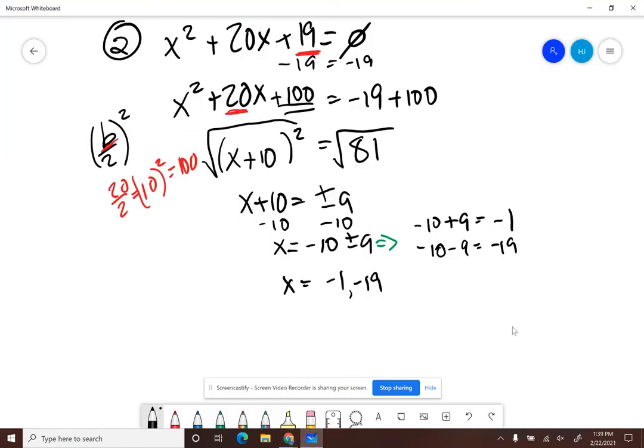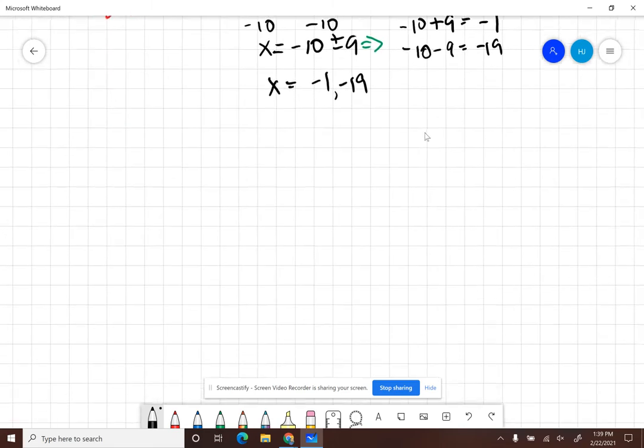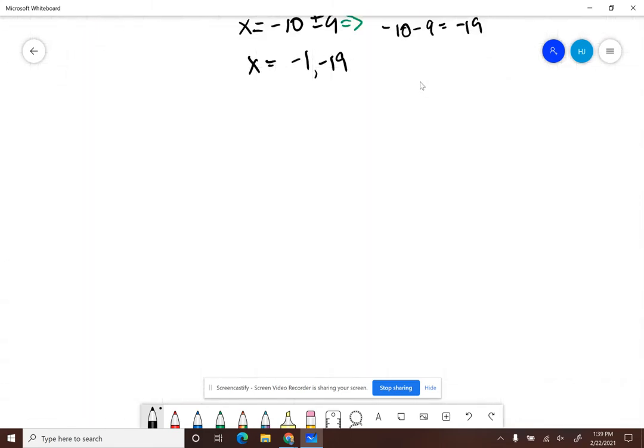Well, the issue is you're going to get some of these that are not going to be whole numbers, okay, which is what brings me to number 3. And this is why we spent so much time over the last couple of days talking about simplifying radicals, okay? So now let's go to number 3, which is going to be the doozy, but we can do this. So we have x squared plus 12x plus 9 equals 0.